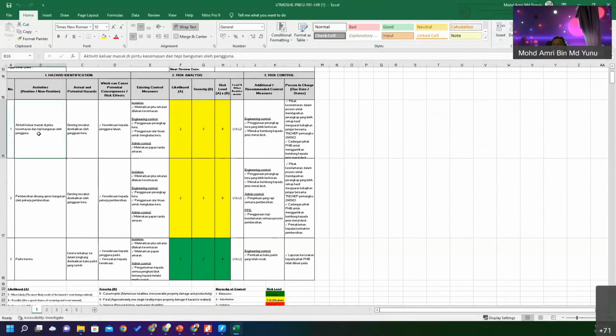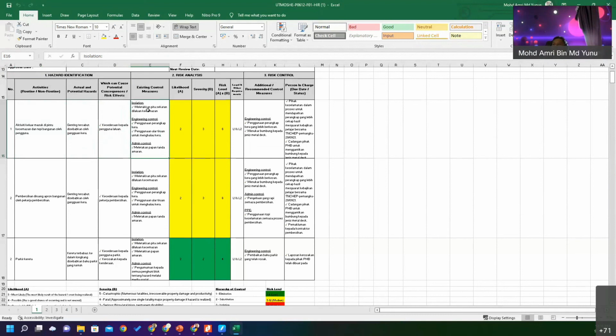It's basically the activity at the emergency entry point, where students go in and go out. The actual potential hazard is the attached roof, detached due to the monkey or animal. What could potentially happen is injury to the head.